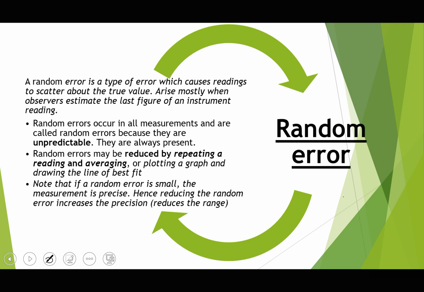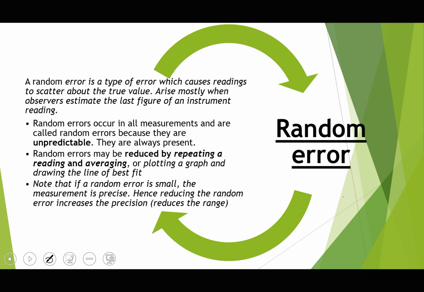Because they make values to scatter around the true value, they are responsible for the range between the values. Take for instance, if you take readings from a scale, every time you take a reading, you take readings from different angles. What is the implication? Every time you vary the angle from which you take a reading, then it means you are most likely going to give or to estimate readings differently.